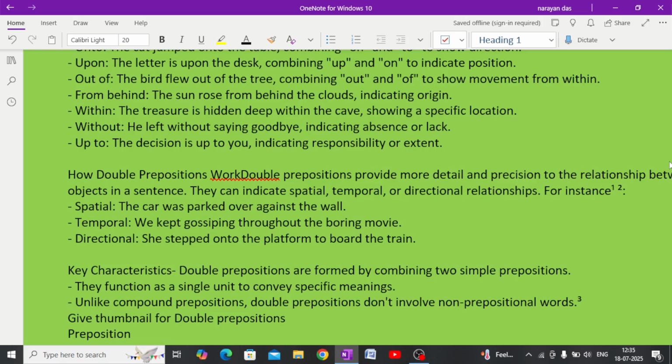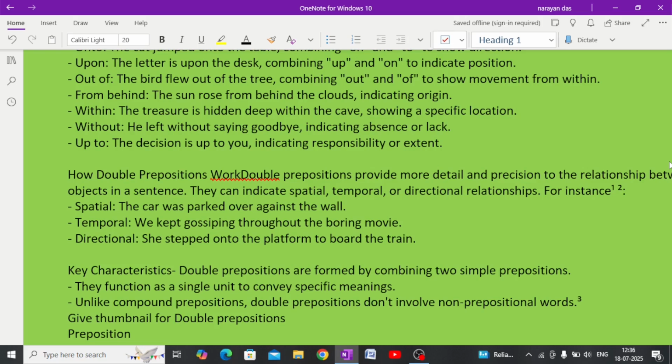So you have seen, in order to understand the double prepositions, you have to understand the simple or single prepositions. How do double prepositions work? Double prepositions provide more detail and precision to the relationship between objects in a sentence. It gives a better explanation of the relationship. They can indicate spatial, that is of place, temporal, or directional, or to a certain direction.